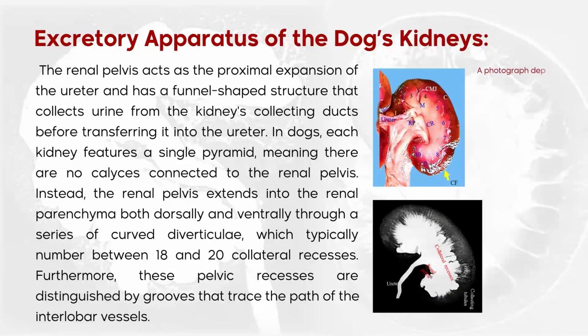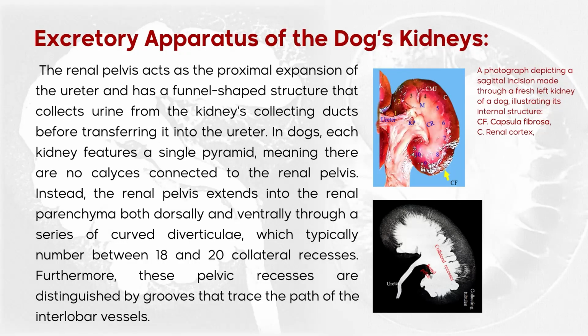A photograph depicting a sagittal incision made through a fresh left kidney of a dog, illustrating its internal structure. Cf, capsula fibrosa. C, renal cortex. CMJ, corticomedullary junction.